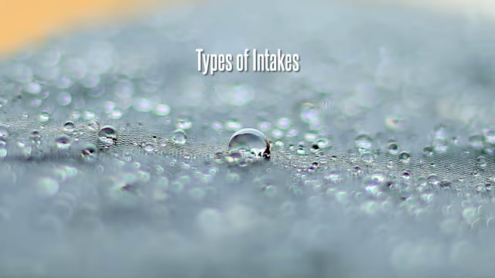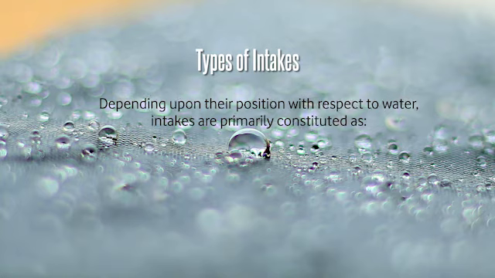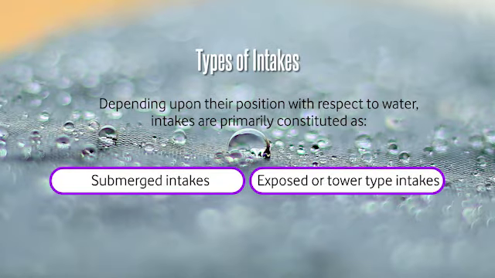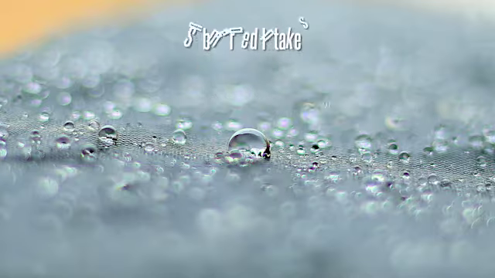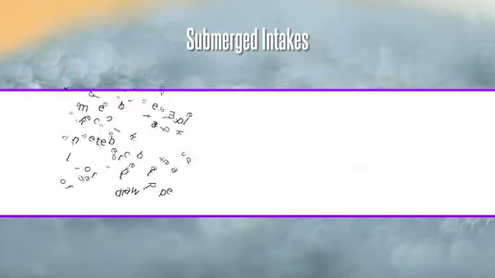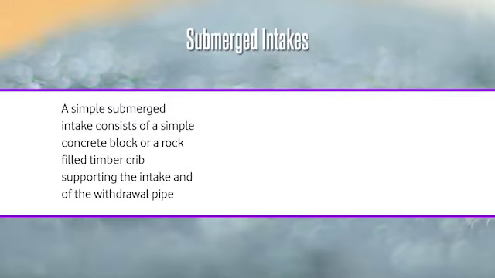Now, types of intakes. Depending upon their position with respect to water, intakes are primarily classified as submerged intakes and exposed or tower type intakes. A simple submerged intake consists of a simple concrete block or a rock-filled timber crib supporting the intake end of the withdrawal pipe.